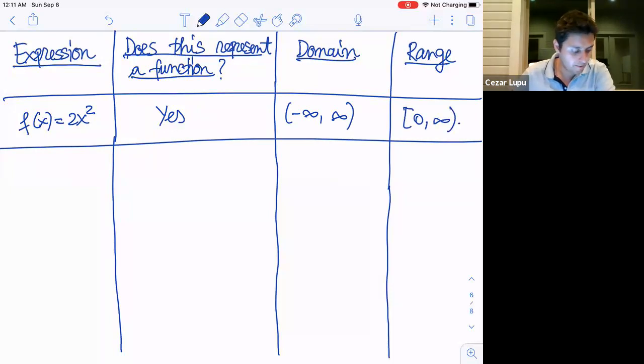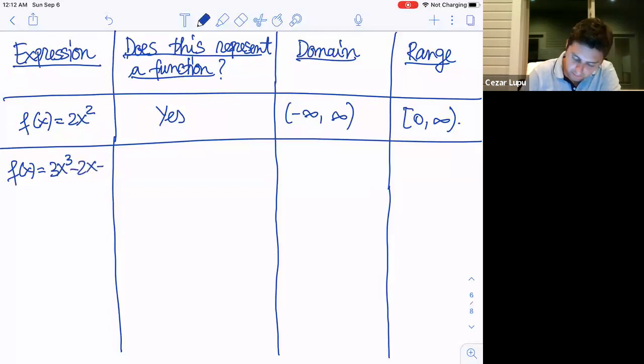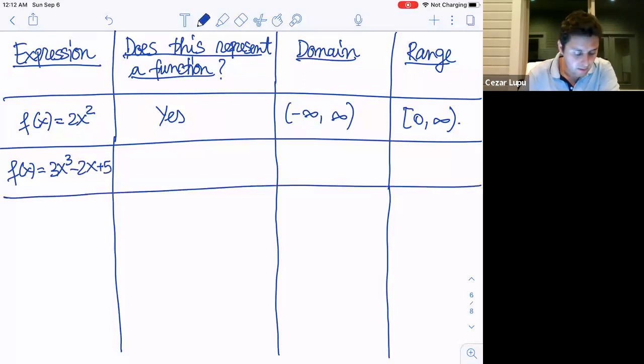All right, now let's take another function, one that is a little bit more complicated: 3x cubed this time minus 2x, sorry, plus 5. Is this a function? Yes, it's quite clear that this is a function.